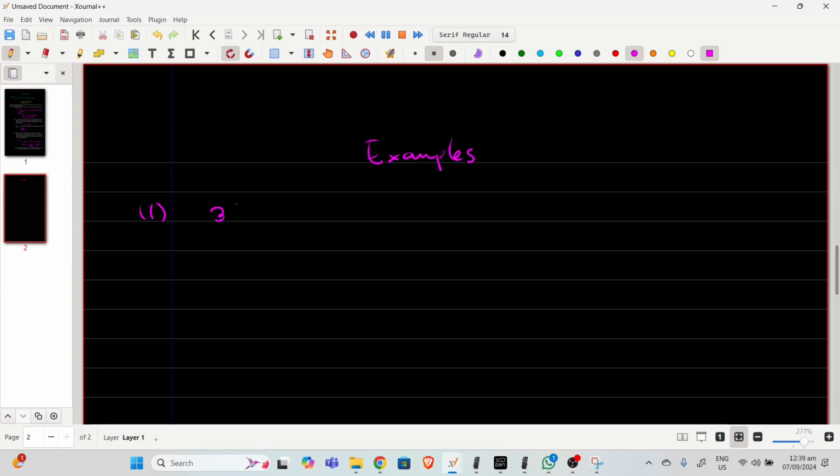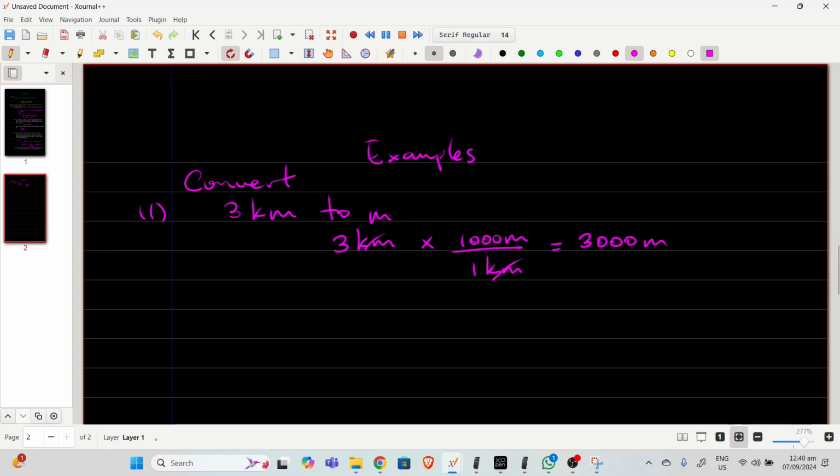Convert 3 kilometers to meters. And again, as I said, you put the value you want to convert, which is the 3 kilometers, times the conversion factor. So kilometers have to go on the underneath, 1 km, 1000 meters. Cancel the unit, you work it out, you get 3000 meters. Just as simple as that.